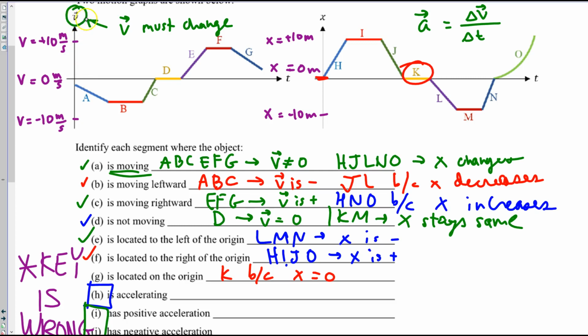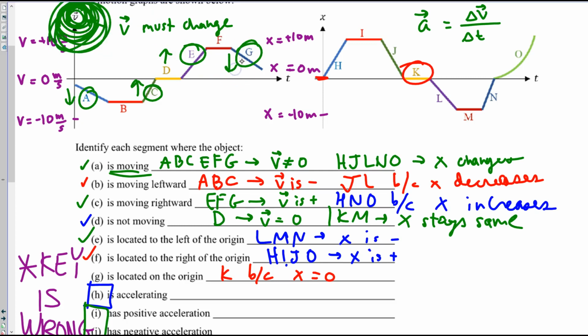Where do you see the y-axis, the velocity axis, changing? Here, the velocity is going down. It's changing. Here, the velocity is going up. In E, the velocity is increasing, it's changing. And in G, the velocity is going down. We're moving down the y-axis. So the answers there are A, C, E, and G.